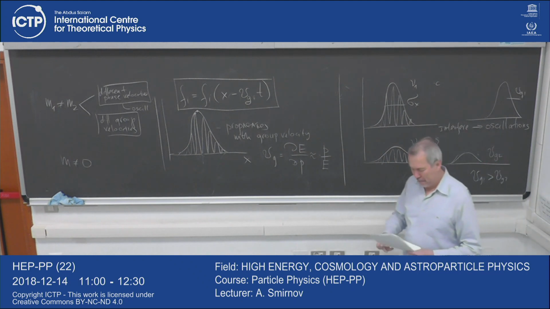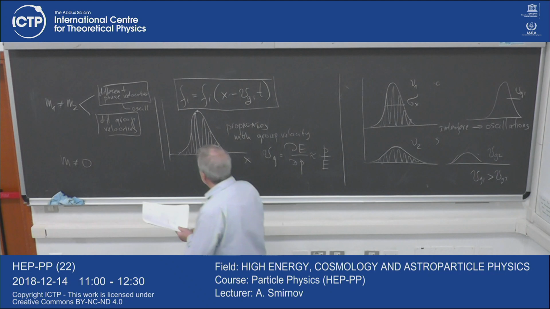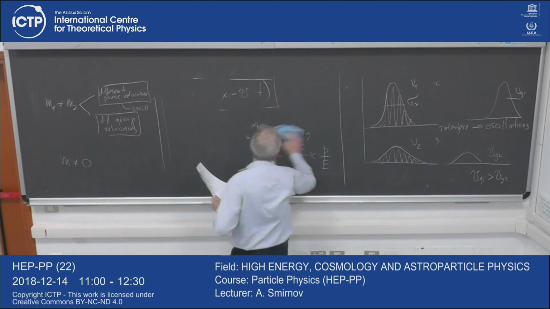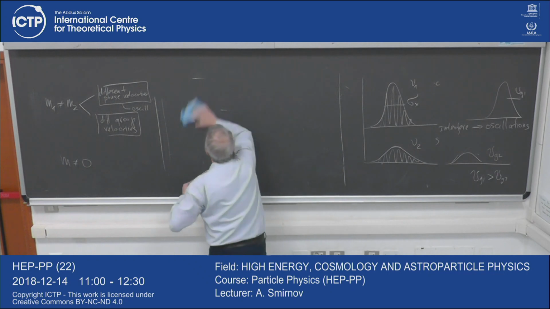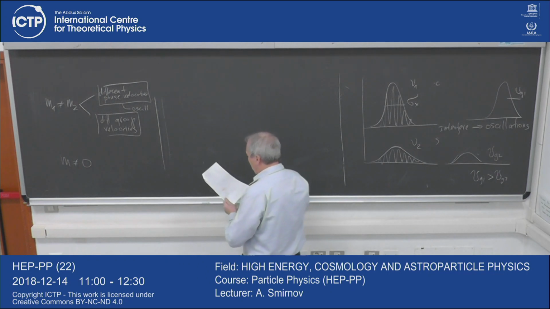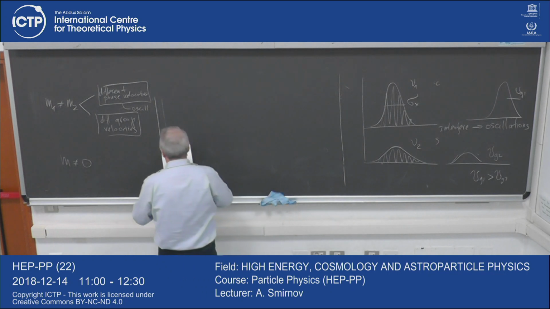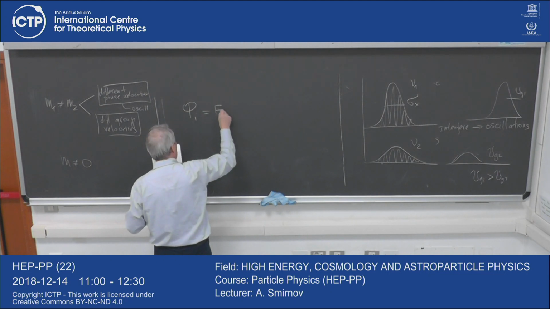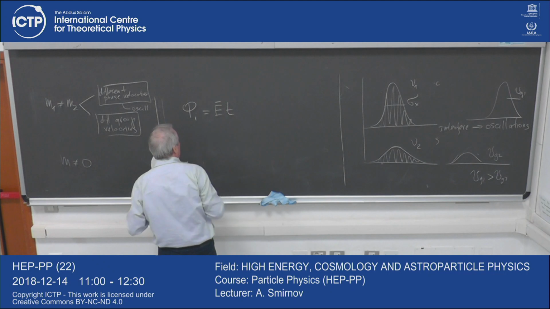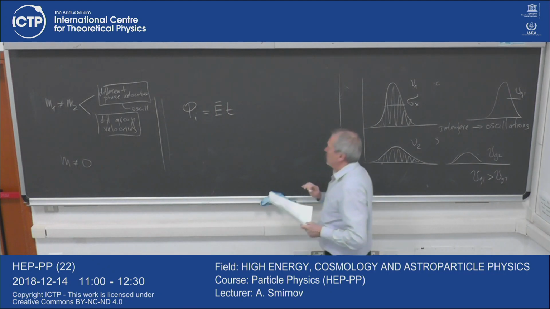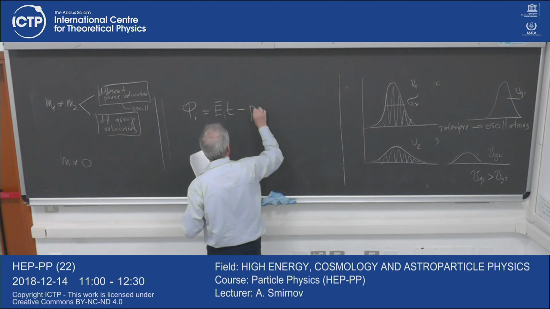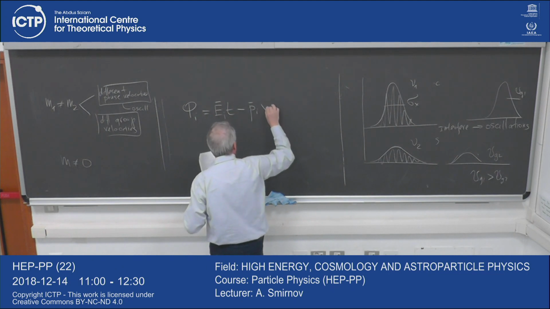So now let us consider the phase factor, which is important for oscillations. We can write the phase as energy, actually some average energy in your wave packet, minus P average times x, right?